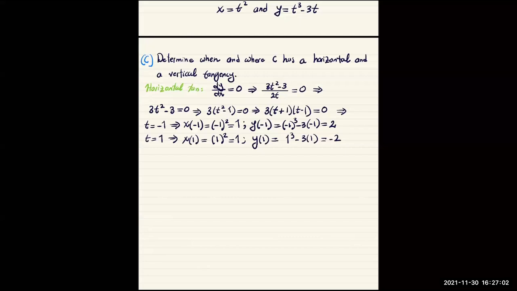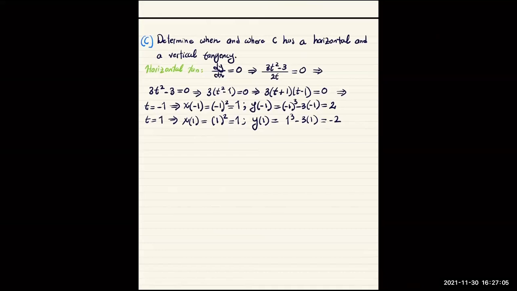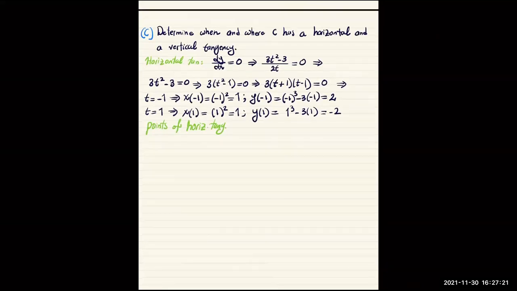Okay, so to summarize this information, points of horizontal tangency are at (1, 2). Yes, at (1, 2), and this happens when t is equal to -1.